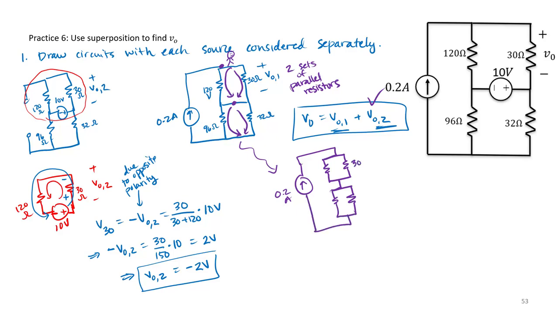So I have my 30 ohm resistor and my 120 ohm. Remember, my voltage is basically the voltage across that set of parallel resistors. And then I have my 96 ohm and my 32 ohm resistor in parallel with each other.